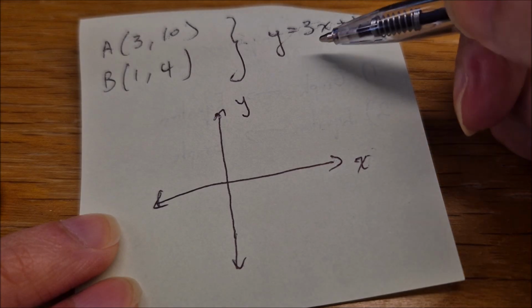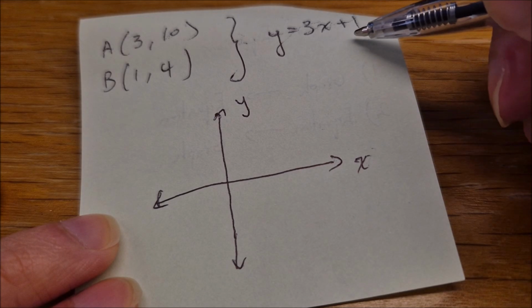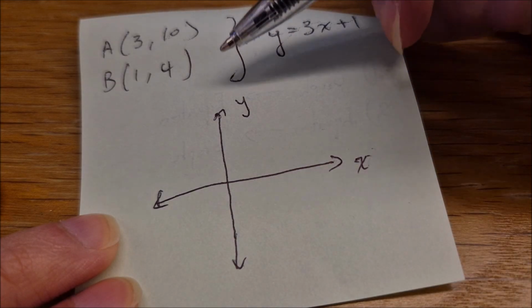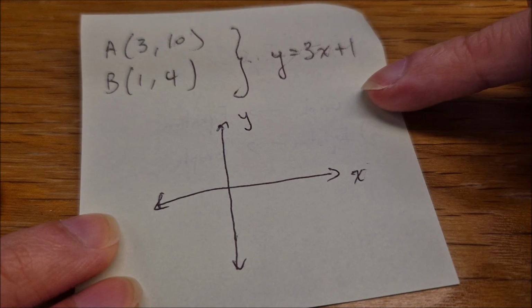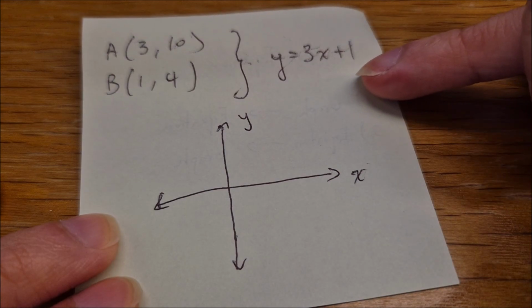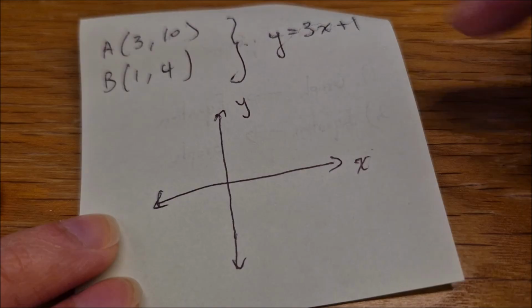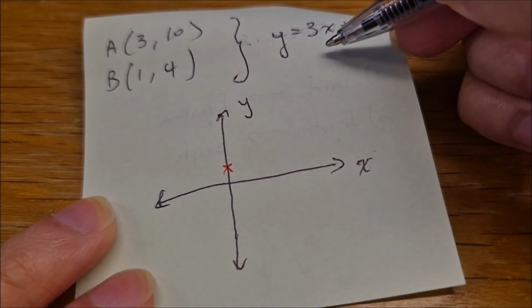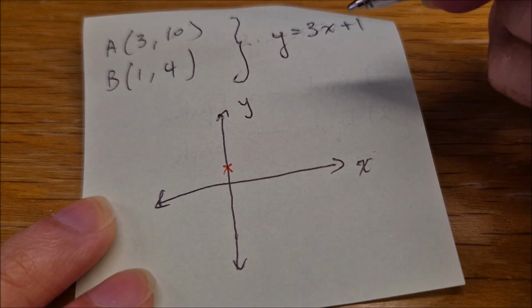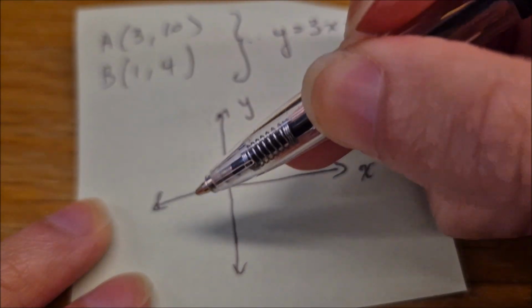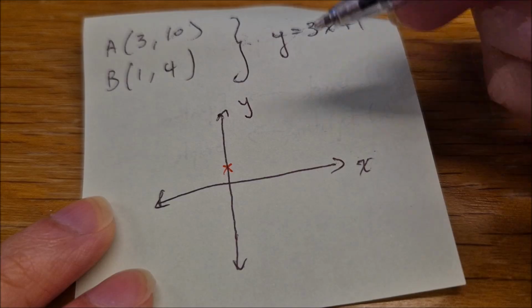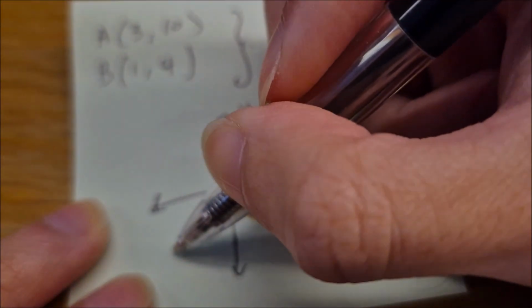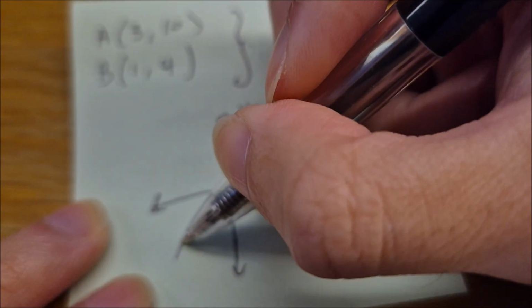So we know our equation is y equals 3x plus 1 with points A and B, and we know that our y-intercept will be 1. So our y-intercept is here, the gradient is positive, and so it will be going from the bottom left to the top right. Now we know that m is 3, and so it's quite steep, and so our sketch will be something like this.